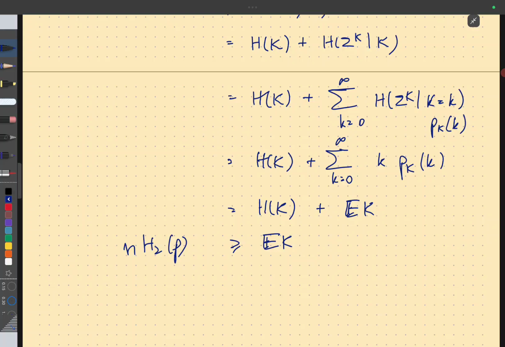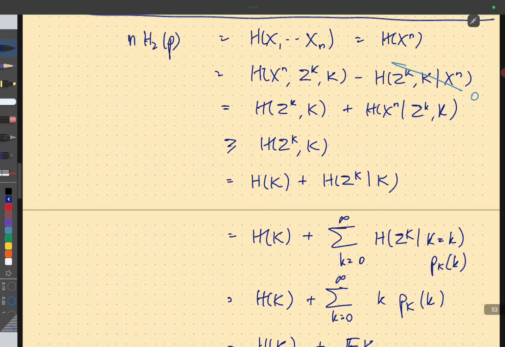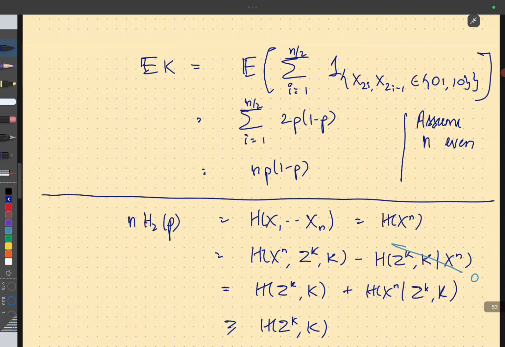For small n, may not be true. Questions? So this means that the previous algorithm is not optimal. How so? It's not, right? Because I would have had to go close to p into 1 minus p. This is not optimal.